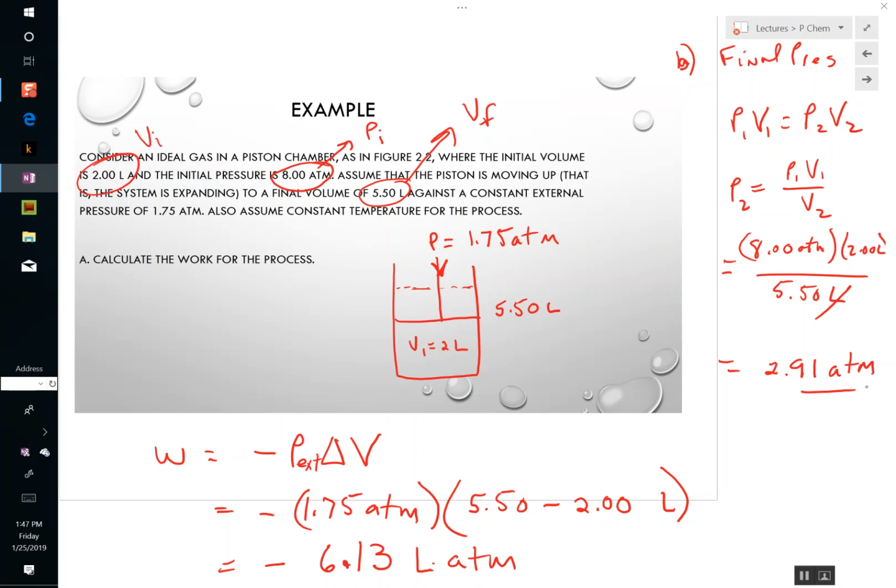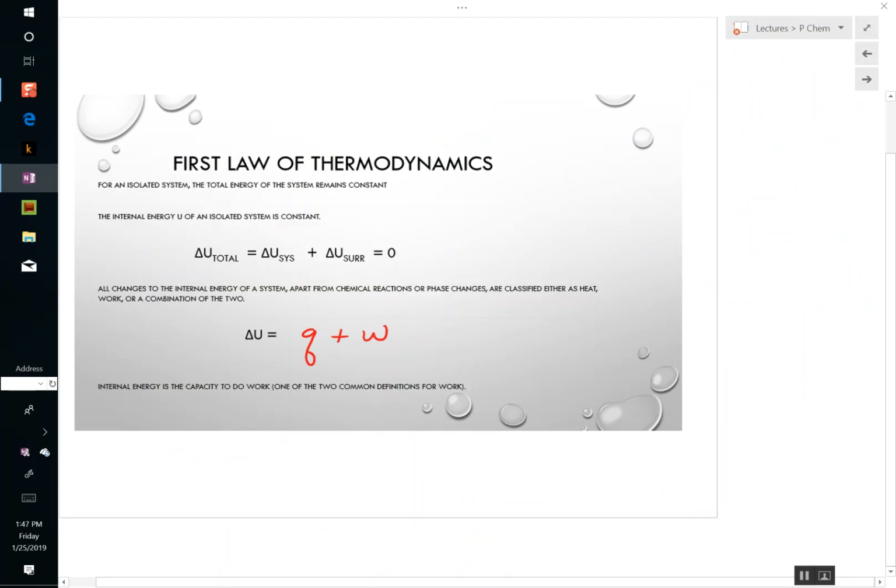All right. I didn't want to go much further than start thinking about heat, work, and now internal energy, and how they are going to relate to one another. So we got all 3 of these now. Delta U equals Q plus W. We will be working with enthalpy more than internal energy, and the book explains a little bit why that is the case.